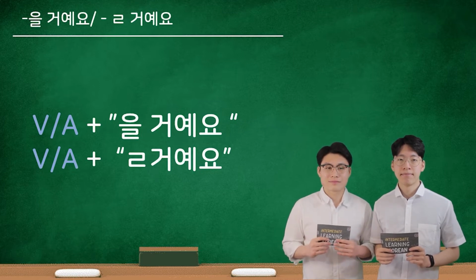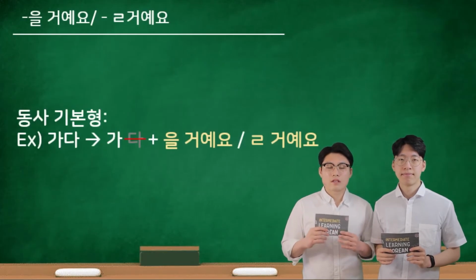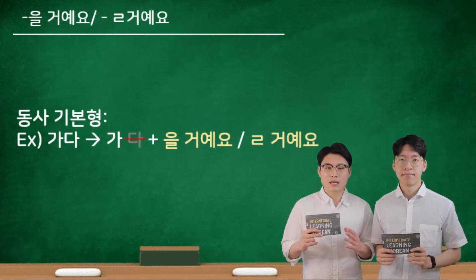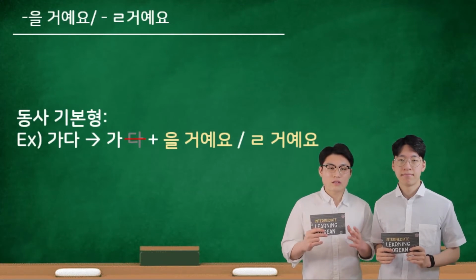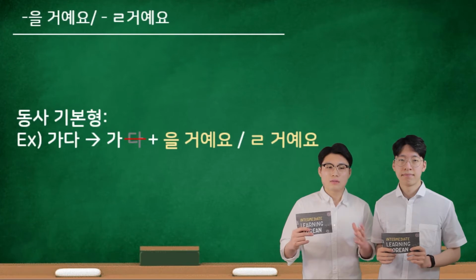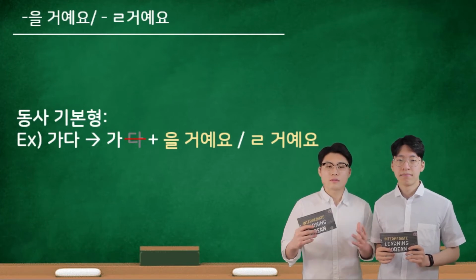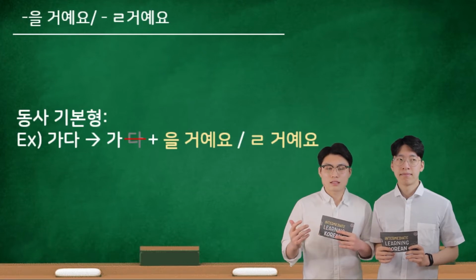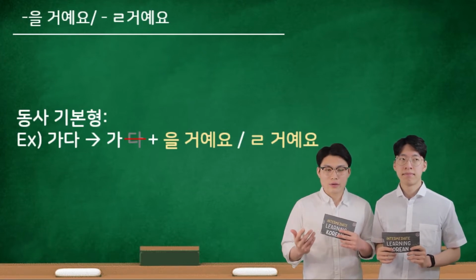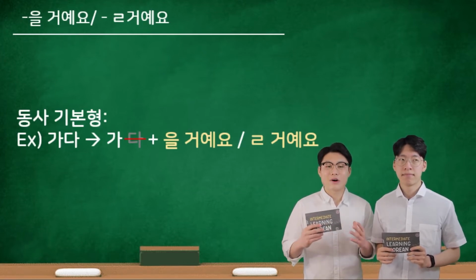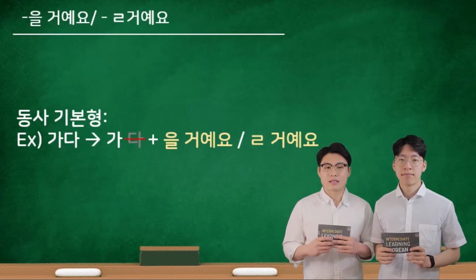Let's find out. First, if you remove 다 from the basic form of a verb, the stem will remain in the verb. After that, 을 거예요 and 리을 거예요 are added.